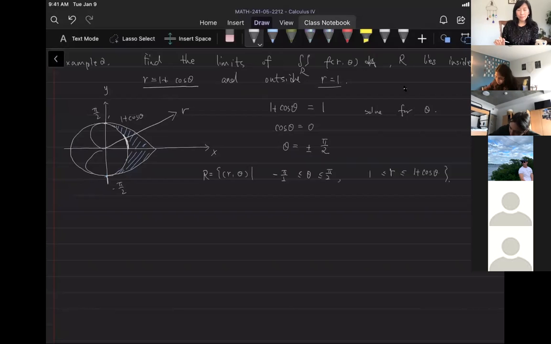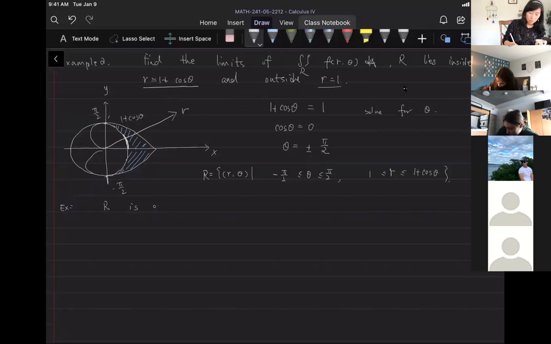Are you okay, everyone? Find the limits for R and theta. Something like this. Let's try this one. I'm going to ask you to sketch the graph.